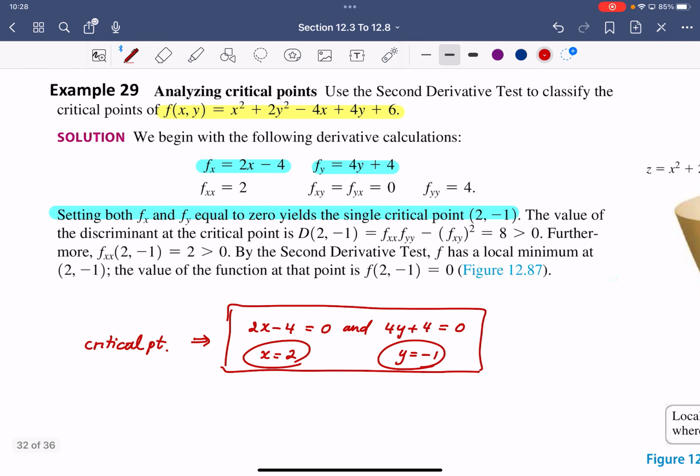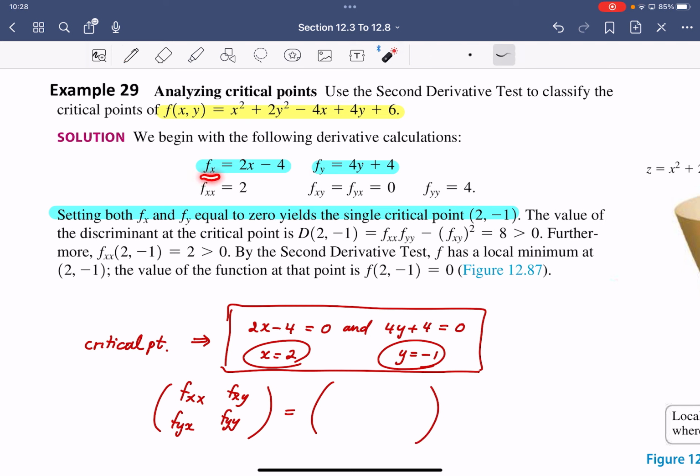Now for the Hessian matrix, we just write fxx, fyy, fxy, fyx. You take the derivative with respect to x one more time, and here you get 2. You take the derivative with respect to y one more time, and here you get 4.